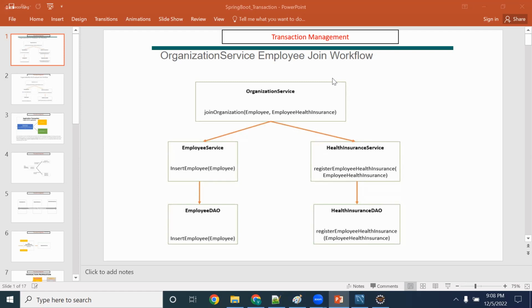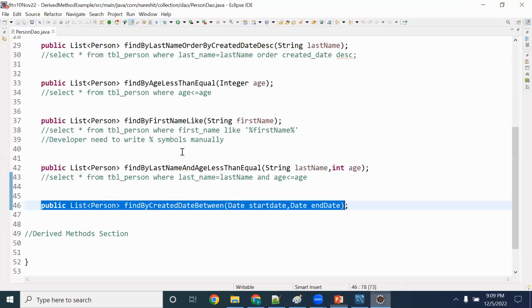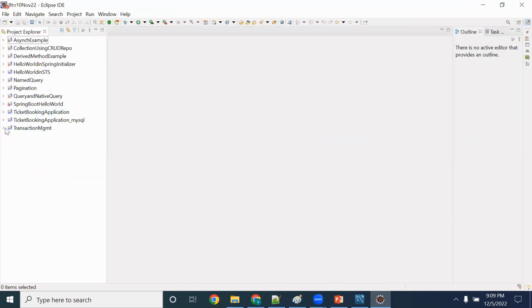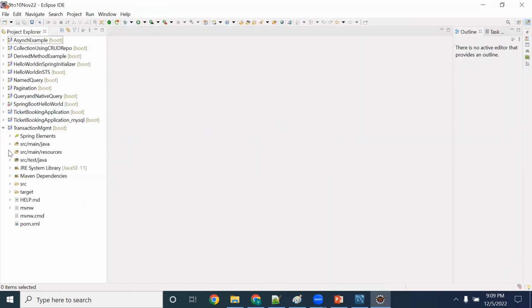That is how we manage the transaction in the organization service, the employee workflow. And we explained the code. Inside the transaction management, we wrote an employee service, an insurance service, and an organization service.